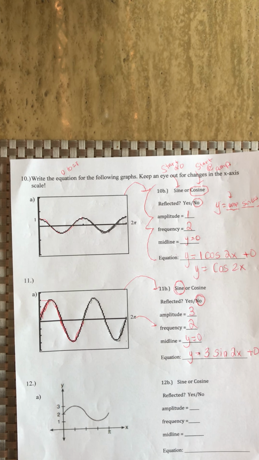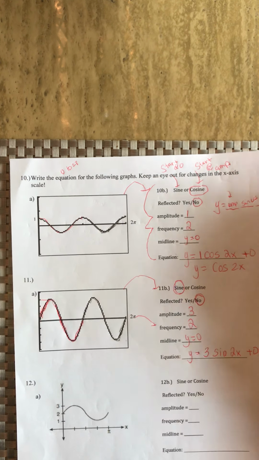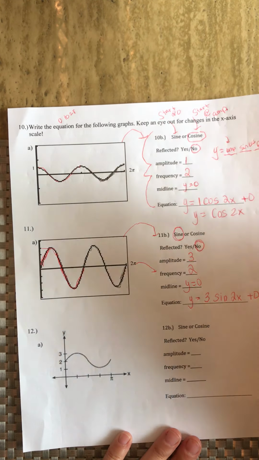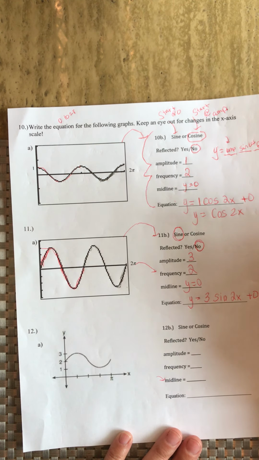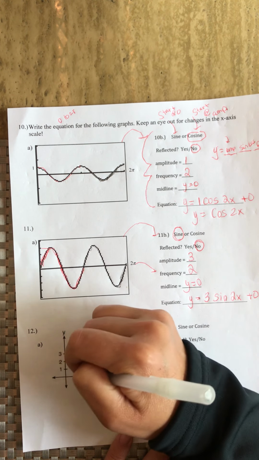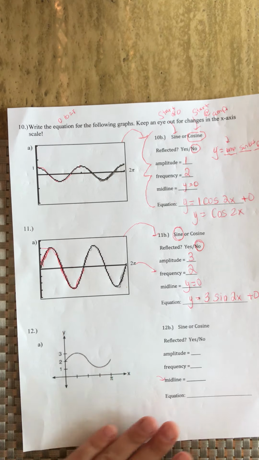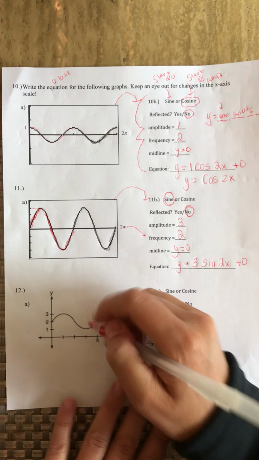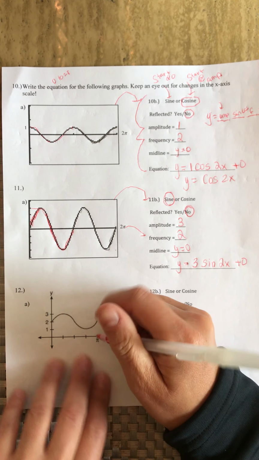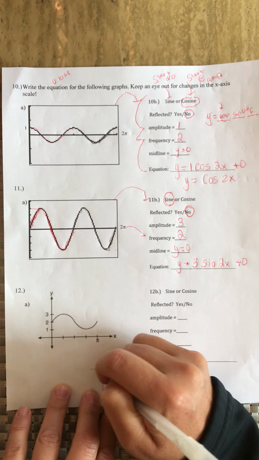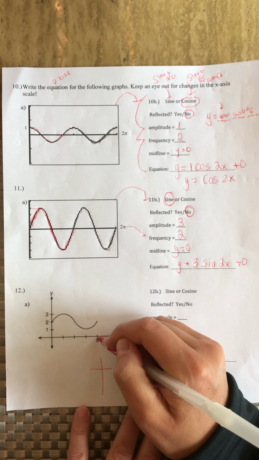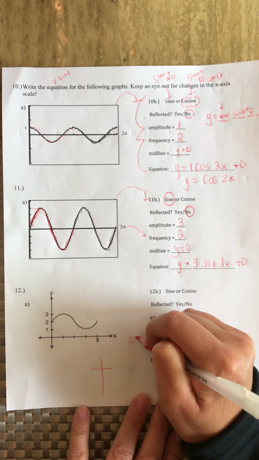All right, this one is a little tricky. We have a few things going on. The first thing that we have to think about is the midline. The second thing we have to think about is the fact that it's going from 0 to pi. So whenever we get our frequency, we're going to have to double it because we want to get to 2 pi.